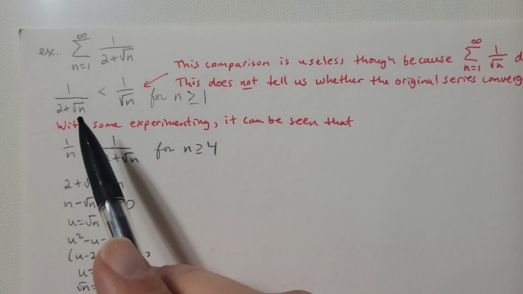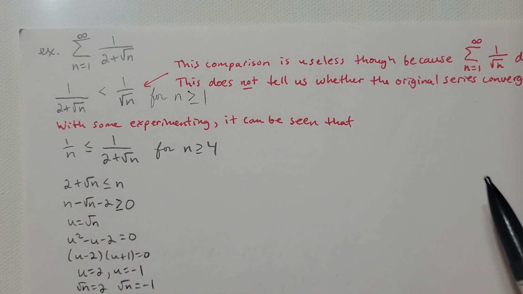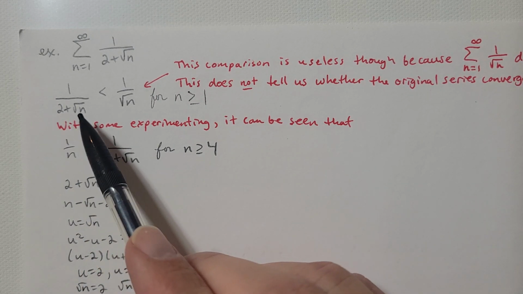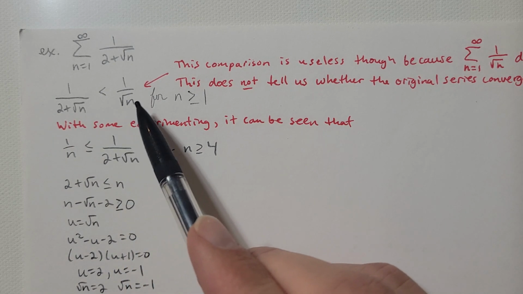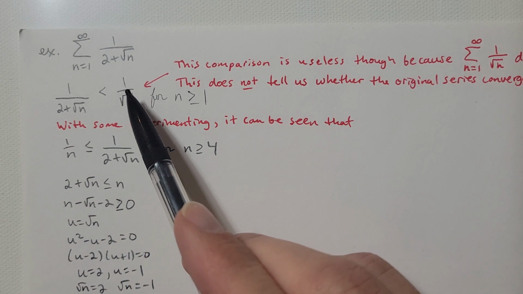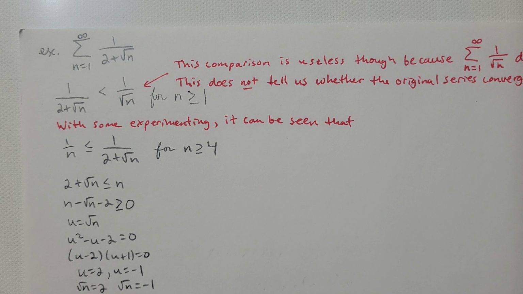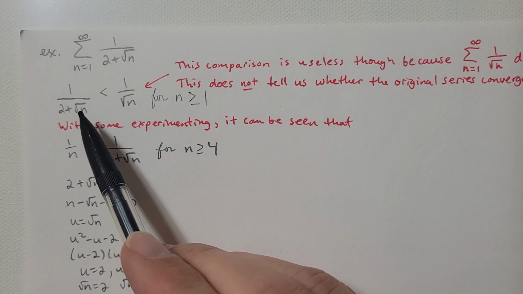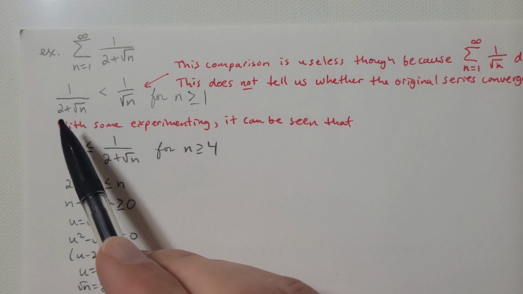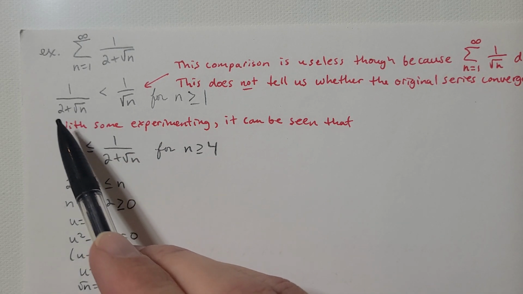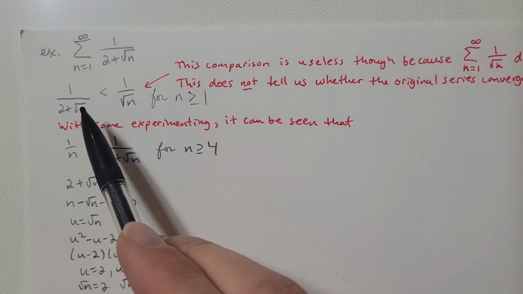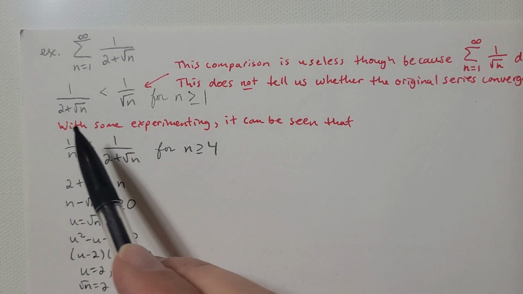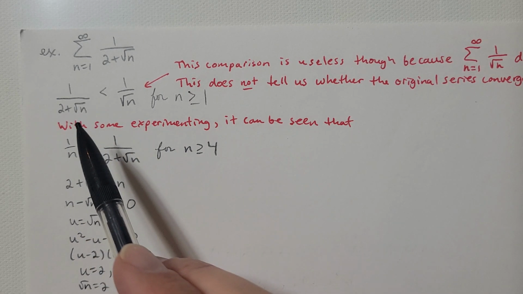So if I just disregard the 2, 1 divided by 2 plus the square root of n, and I'm comparing that to 1 over the square root of n, well, the left side is always going to be less than the right side because the left side is always going to have a denominator that's a bigger number. So the entire number on the left side is going to be smaller than the one on the right.